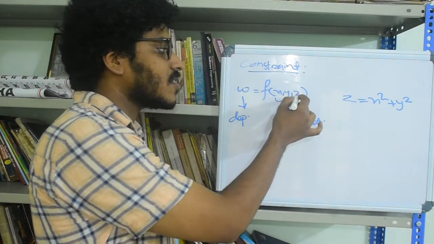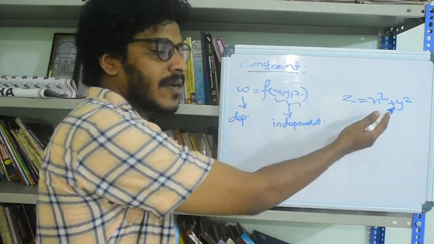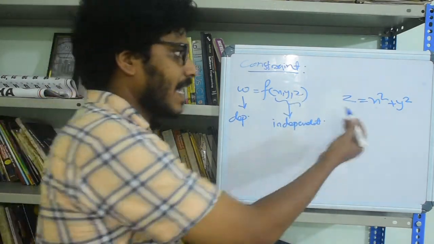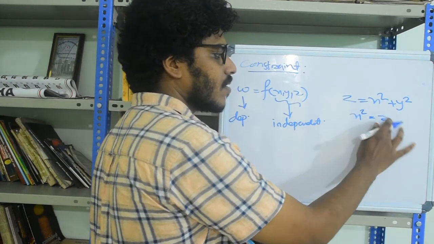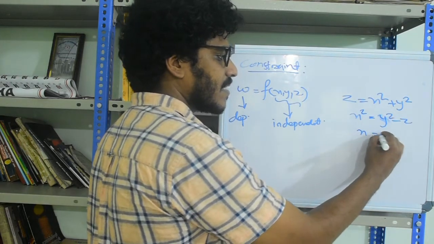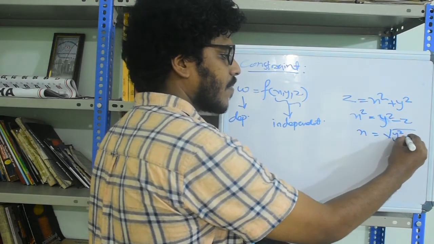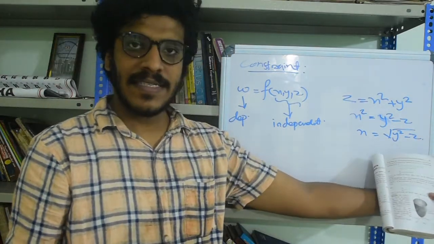So z is no more an independent variable, but z is a dependent variable of x and y. This can be restructured to see that x square equal to z minus y square, which implies x equal to root of z minus y square. So x actually depends on y and z.